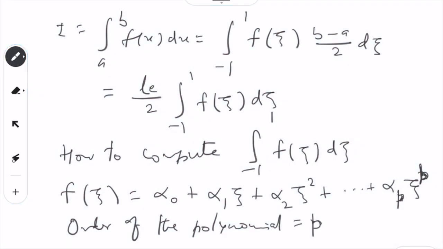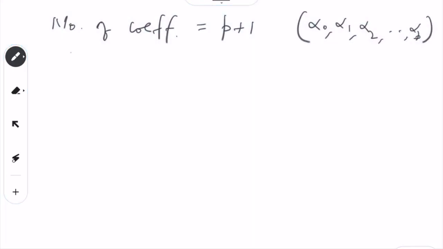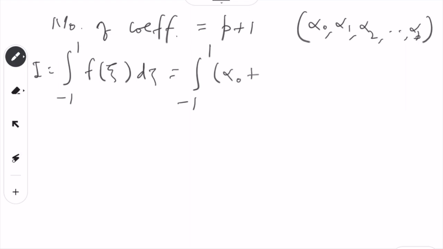Now if you integrate it, then what happens? Let's integrate it. So I equal to the integral from minus 1 to 1 of f(xi), which is alpha naught plus alpha 1 xi plus alpha 2 xi square plus alpha p xi to the p, d xi.